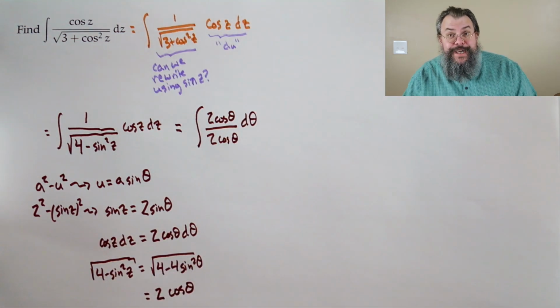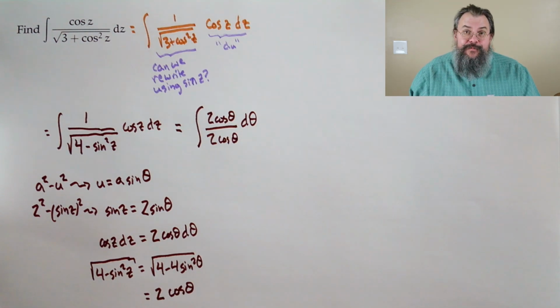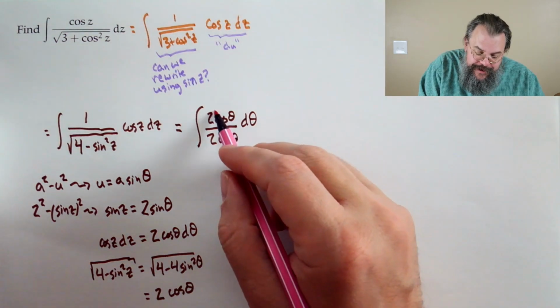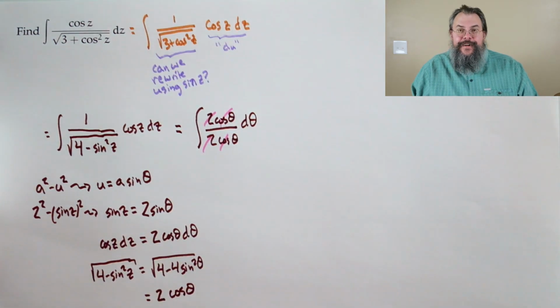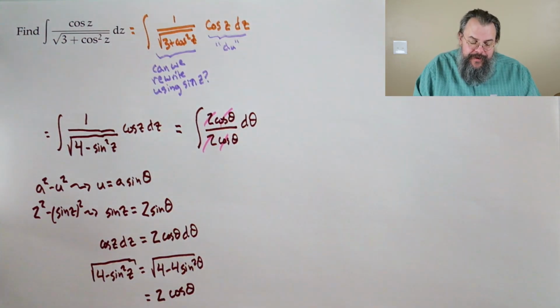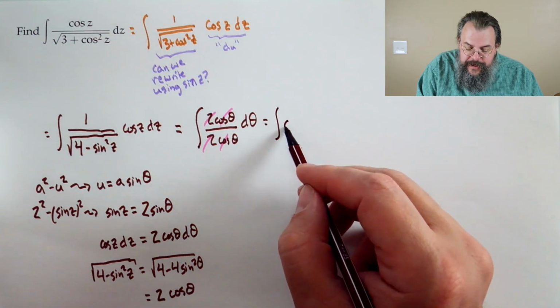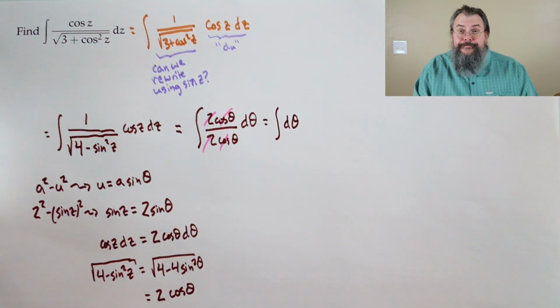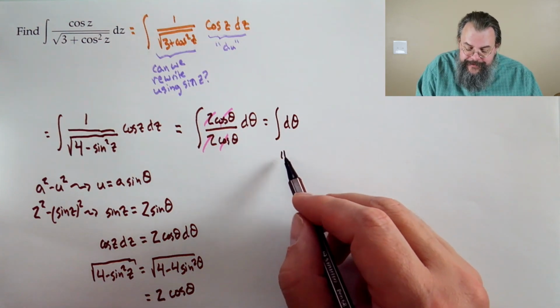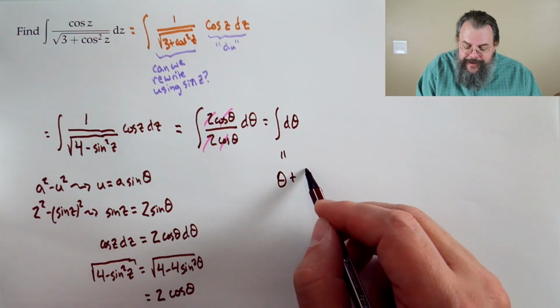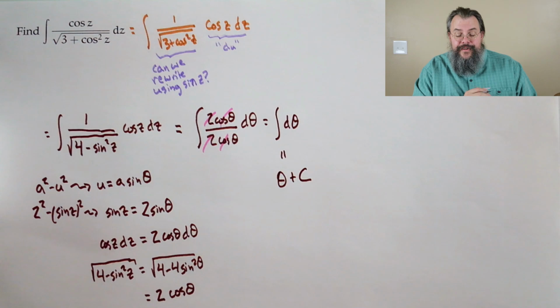That's looking pretty good. As integrals go, you really can't do a lot better, right? Because the 2's cancel, the cosine thetas cancel, which means what we have left is the integral of d theta. Favorite integral we could have. Theta plus a constant c.